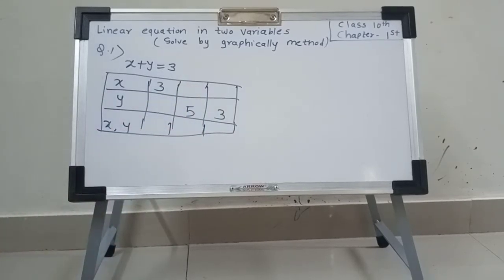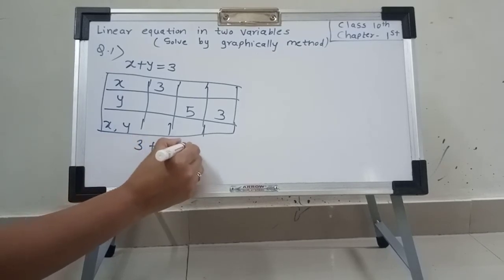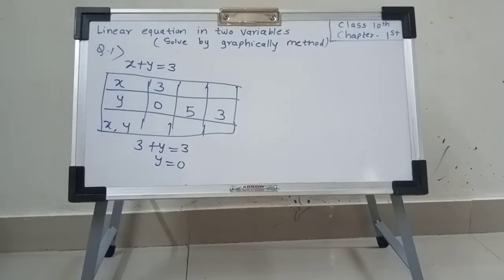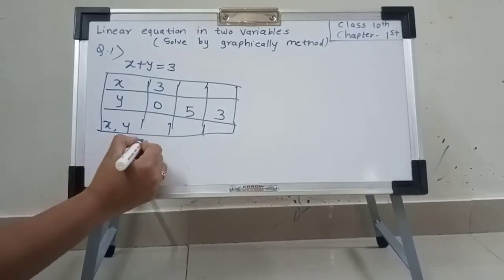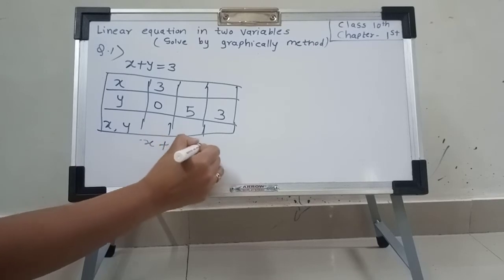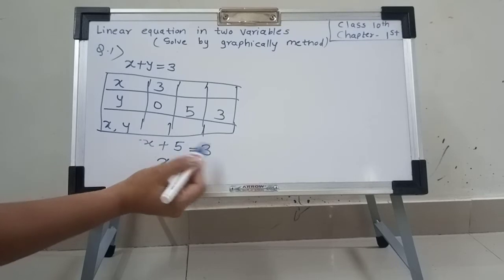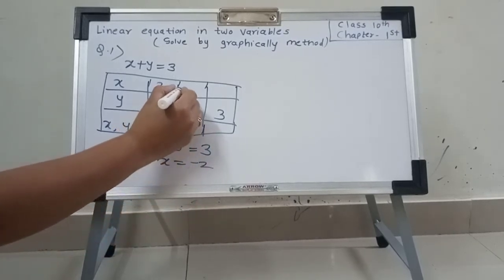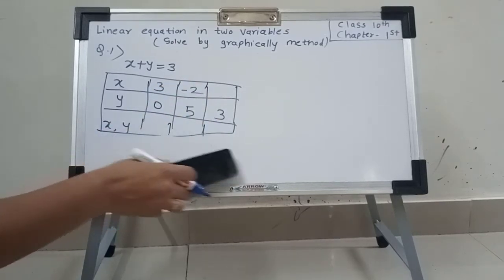When x is equal to 3, 3 plus y is equal to 3, means y is equal to 0. When y is equal to 5, our equation x plus 5 is equal to 3, means x is equal to 3 minus 5, which is minus 2, because 5 is the greater number.